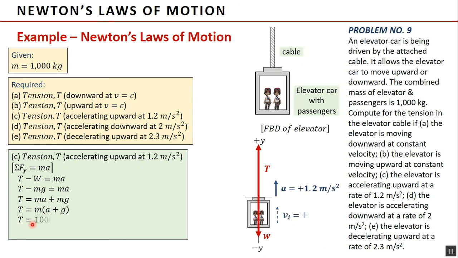Substituting values, tension is 1000 multiplied by 1.2 plus 9.8. The tension is 11,000 newtons. Here we see that tension T becomes greater than the weight, 11,000 versus 9,800 newtons, when the elevator is accelerating upward. The cable seems to be stretched more than usual.